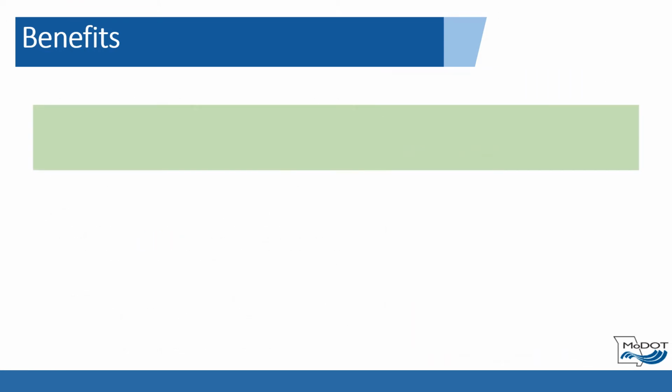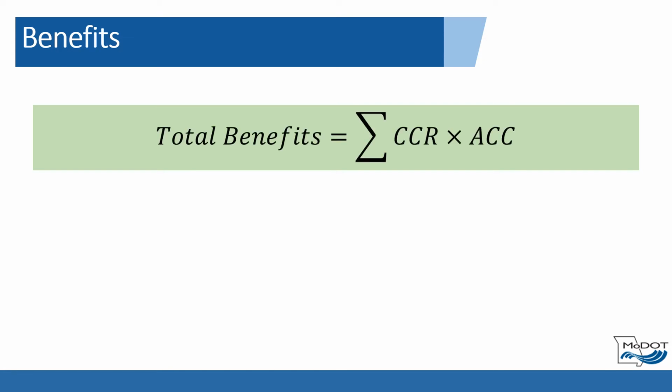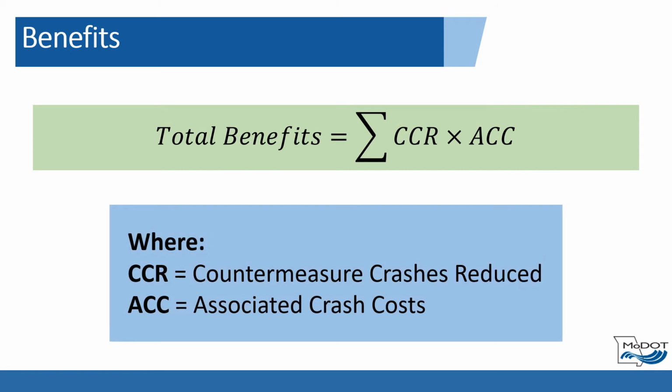The total benefits are calculated as follows: the sum of all countermeasure crashes reduced multiplied by the associated crash costs. In the formula displayed, CCR is short for Countermeasure Crashes Reduced, and ACC is short for Associated Crash Costs.